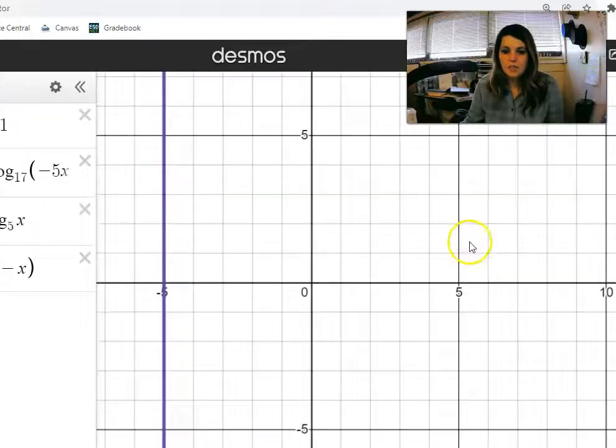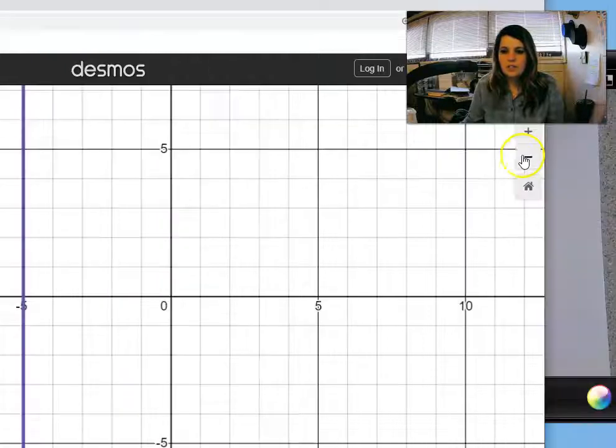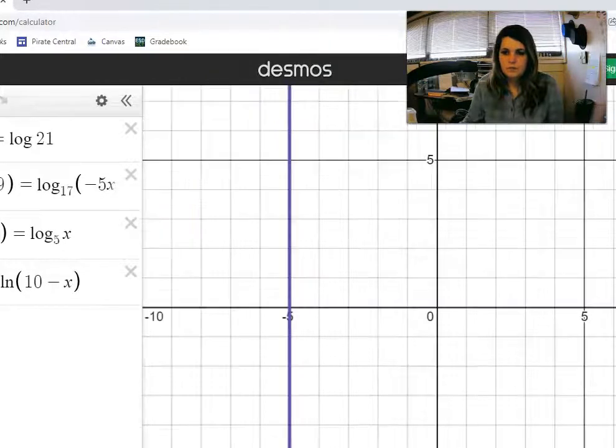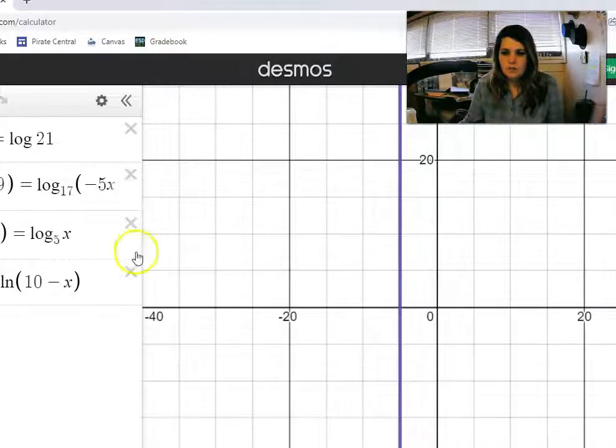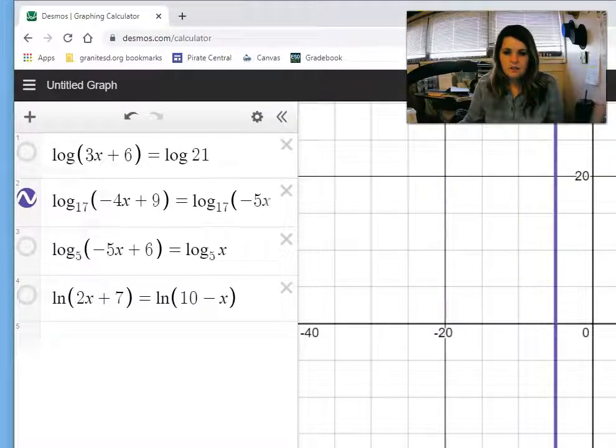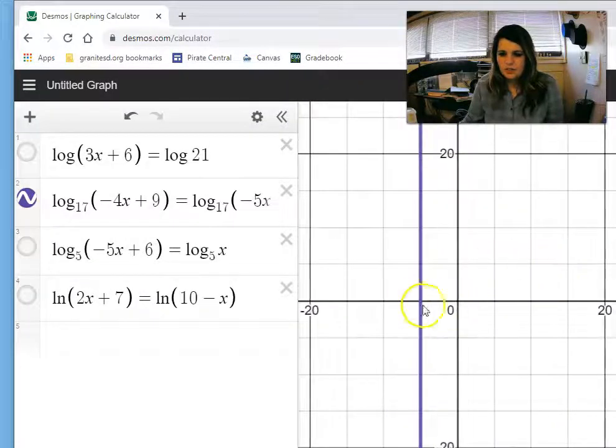So I don't immediately see it in Desmos. So I'm going to use this little negative button above the house, and I'm going to start zooming out to see if I can find the solution for this guy.